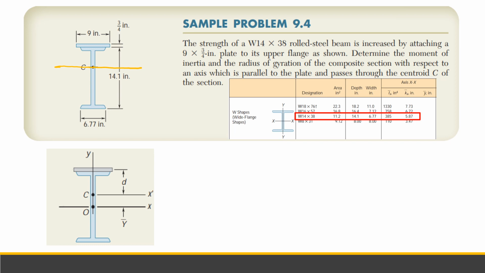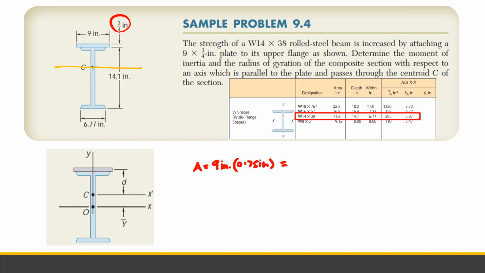So we'll first solve for the area and the y bar of the plate. Since we are given the area and y bar of the wide flange, we'll solve for the plate. So for the plate, we have an area equal to 9 inches times 3/4 inch, which is 0.75 inches, since it is rectangular.